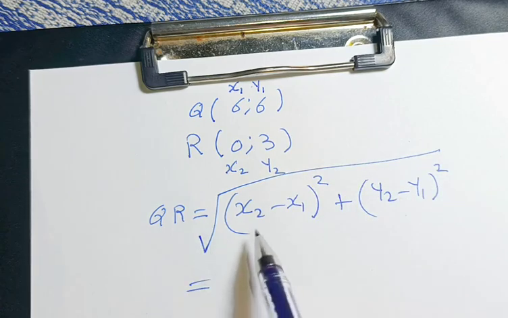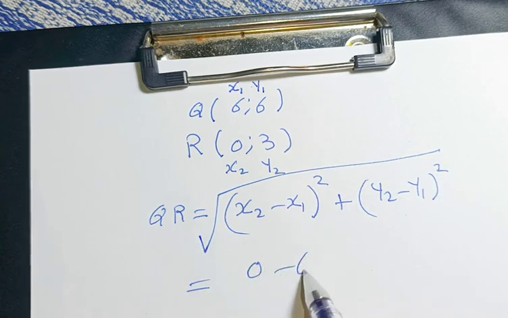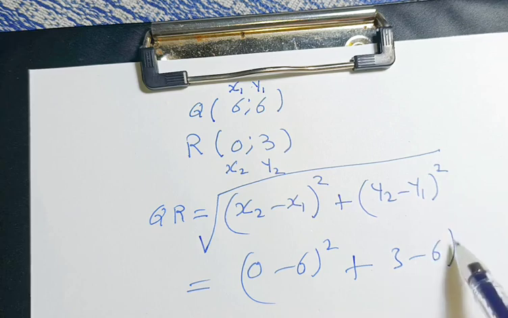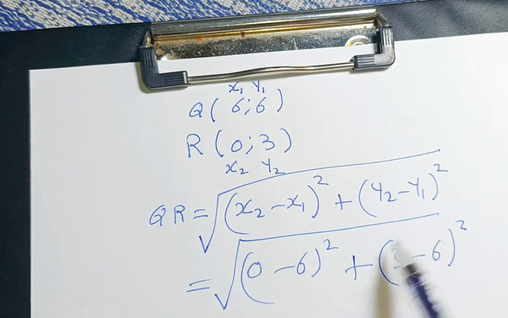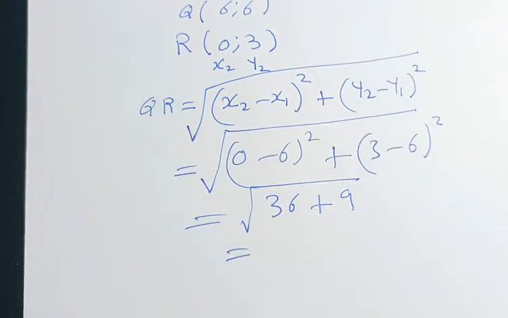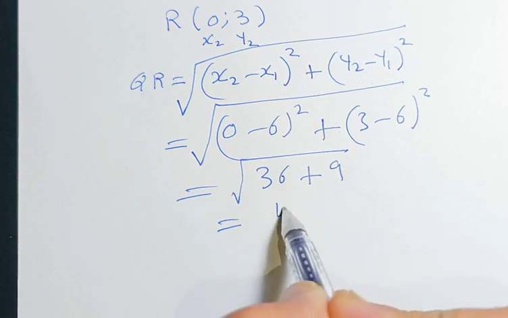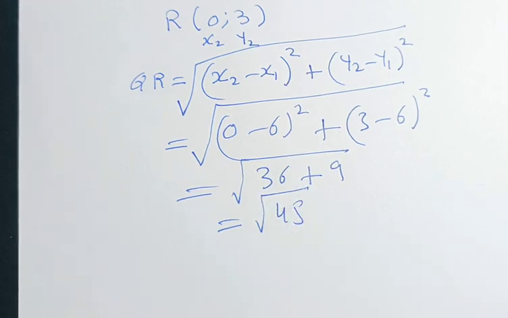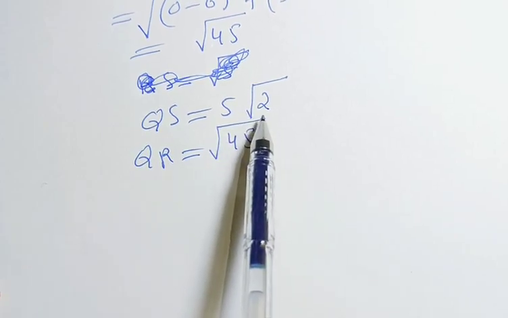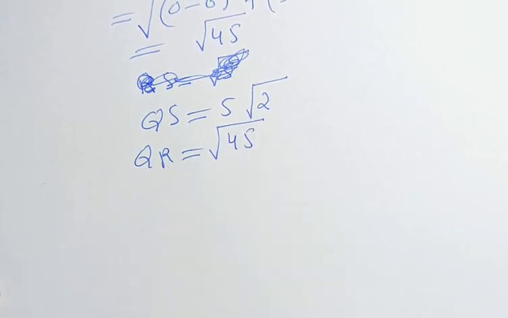Now x2 I got 0, minus 6 squared, plus y2 3 minus 6 squared, and the square root. And now this is going to be 36 plus 9, square root. The answer is going to be 45 square root. So we have now QR as 45 square root.